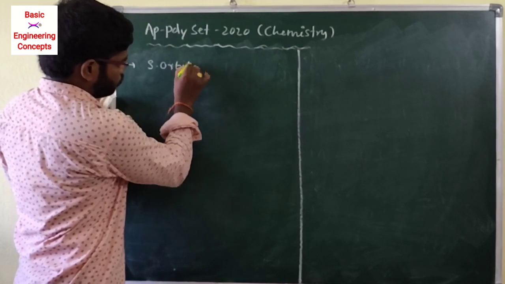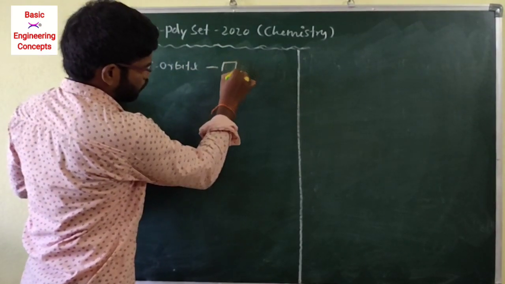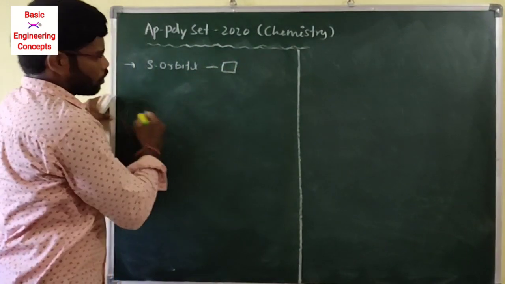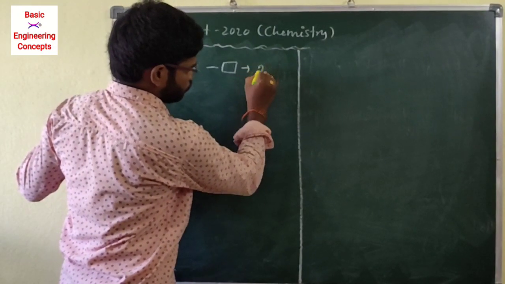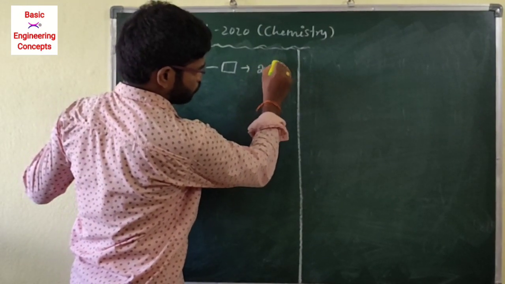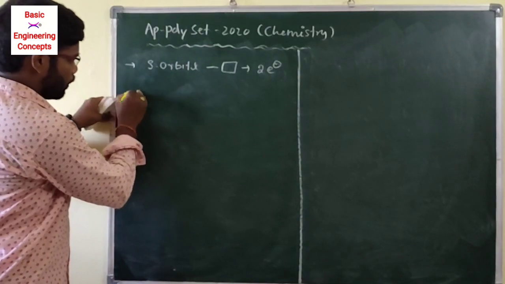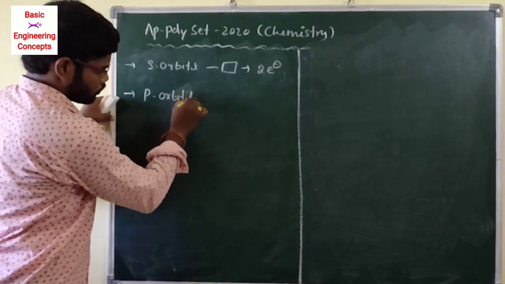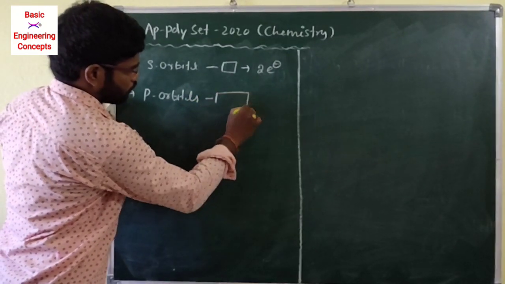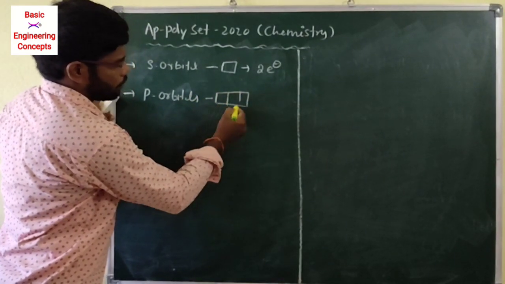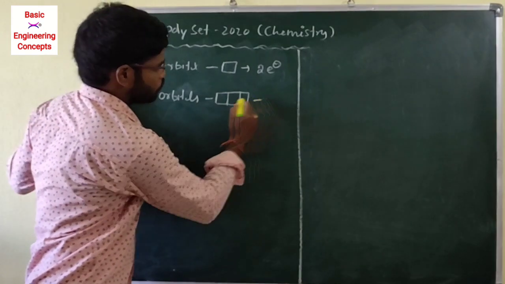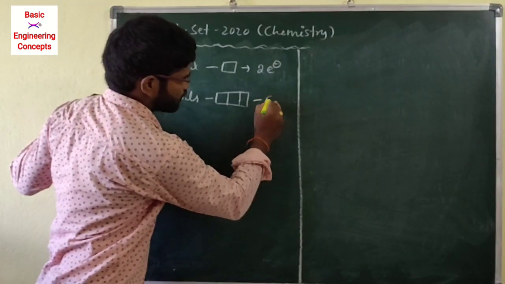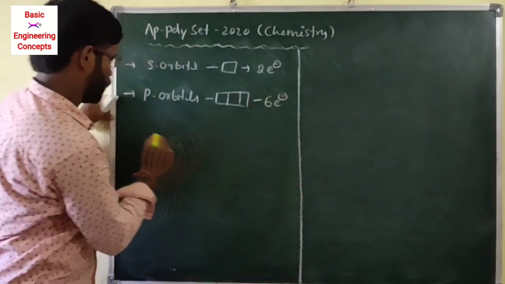The s orbital: one s orbital contains 2 electrons. P orbitals are px, py, pz, so 3 into 2 is 6 electrons in the p orbitals.